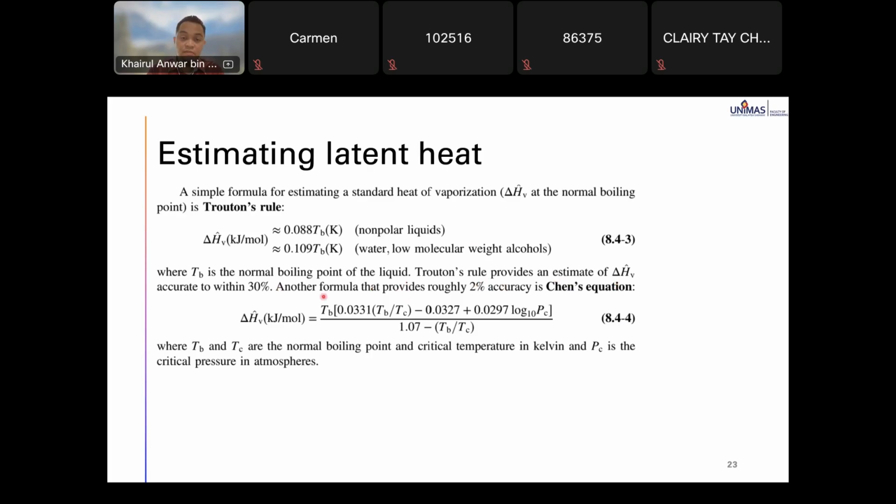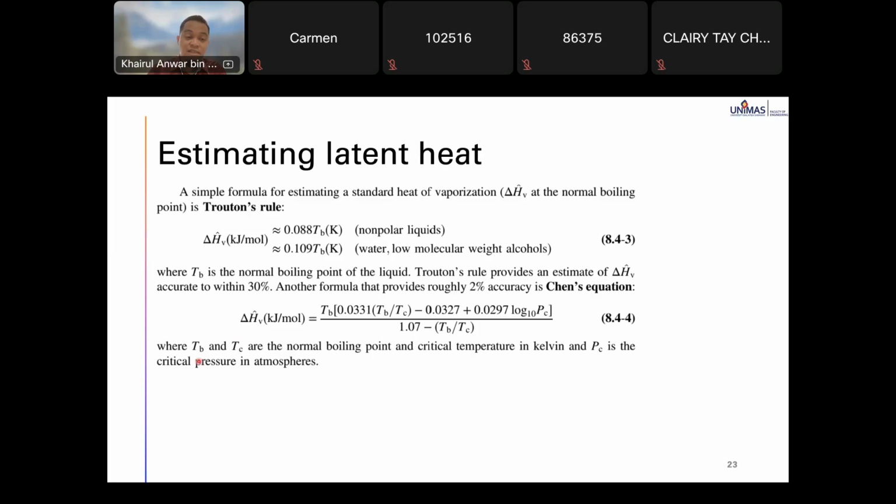Another rule that provides roughly 2% accuracy is the Chen equation. For the Chen equation, it doesn't matter whether it's a non-polar liquid, polar liquid or alcohol, you can just use this equation.